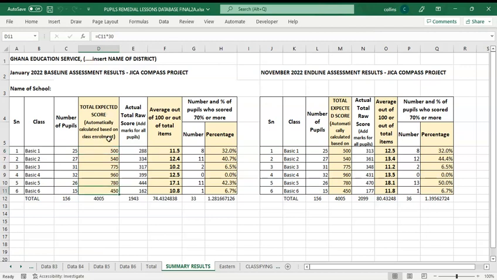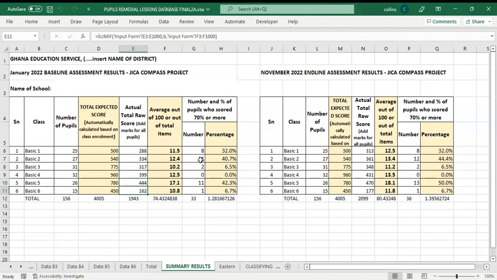All right. But out of this is the actual total raw score after the endline assessment. Here, basic 1 was 288. So out of the 500 marks expected, that is the target, this school was able to reach 288. That's adding all the total raw scores after the baseline assessment. So it goes on and on.